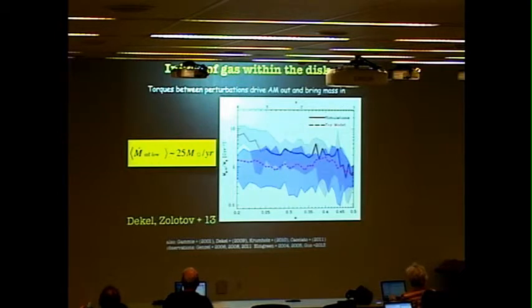And in a paper with Avishai last year, we found that you can basically estimate it as approximately 25 solar masses per year of gas inflow to the central regions of these galaxies at about redshift of 2. So there's all this gas coming into the central regions of these galaxies, which fuels in situ star formation.